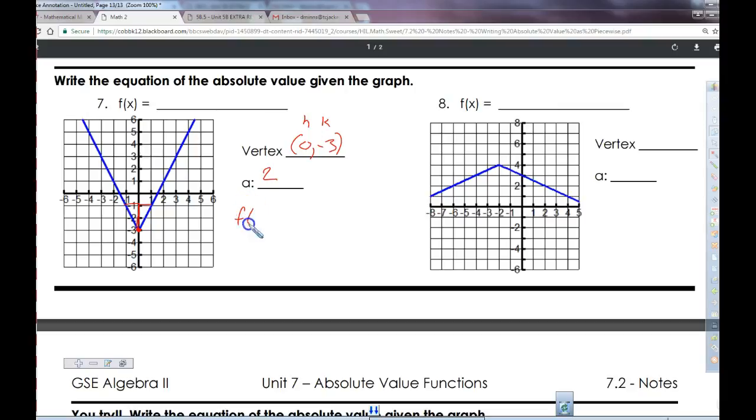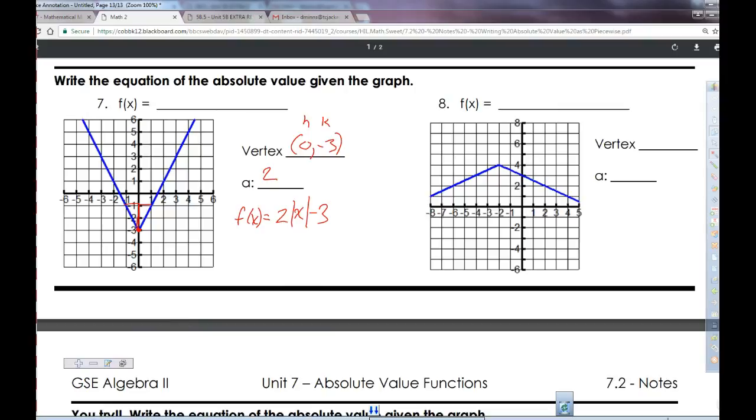I can write the function. I'll write it down here, give myself more room. A value 2 out front. Absolute value bars. The h is 0, so all I have in here is my x. Absolute value bar again. K minus 3. Done. F of x equals 2 times the absolute value of x, minus 3.